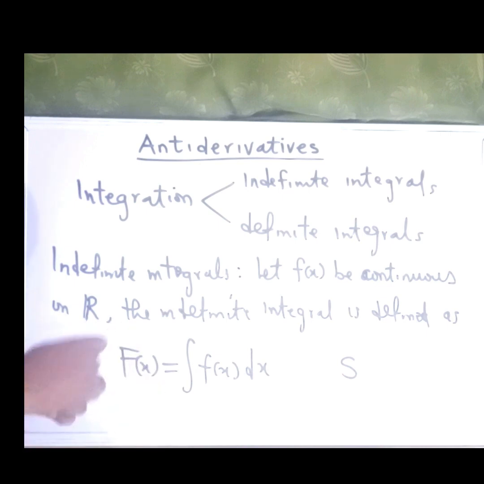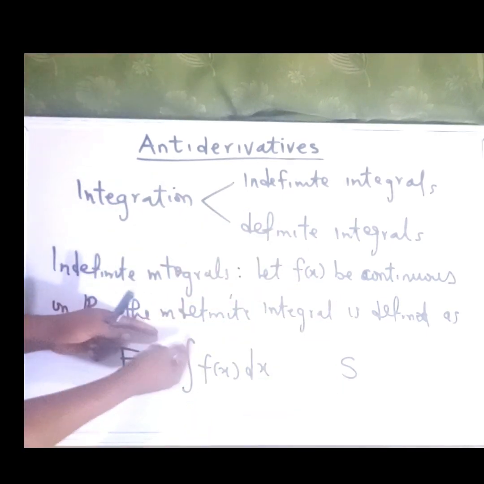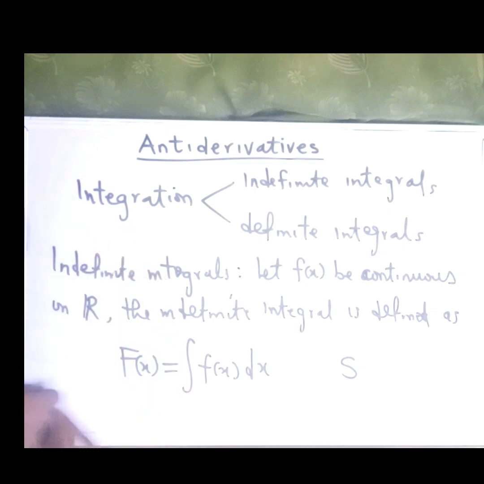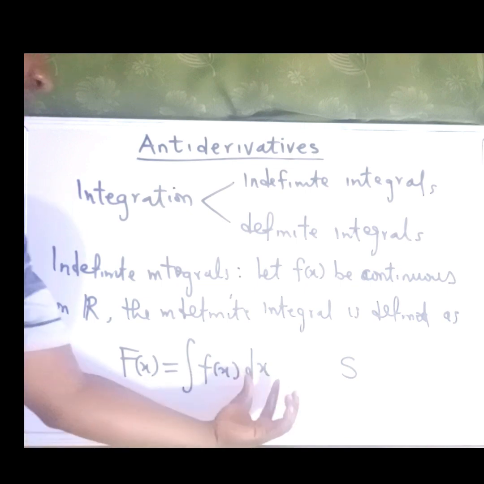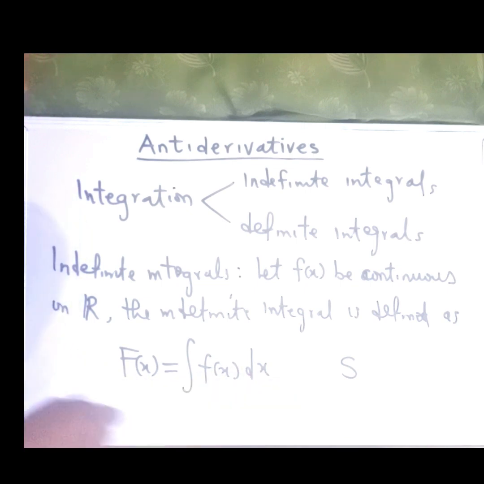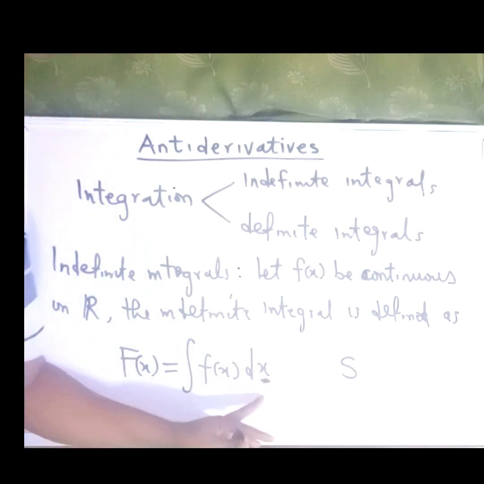So Leibniz elongated this S to connote an integral sign, and this f of x in this case will be called an integrand, and this dx means the variable in question is x, or we say the variable of integration is x.